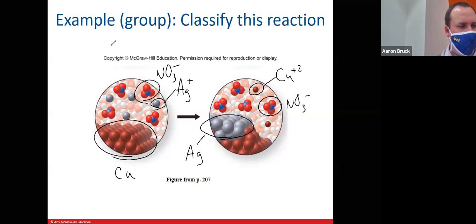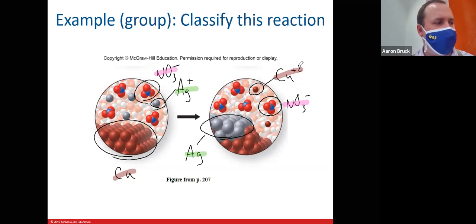All right. So again, automatically, your brain should be going to, I've got commonalities. I've got nitrate on both sides. I've got copper on both sides. I've got silver on both sides. So this is a replacement reaction.